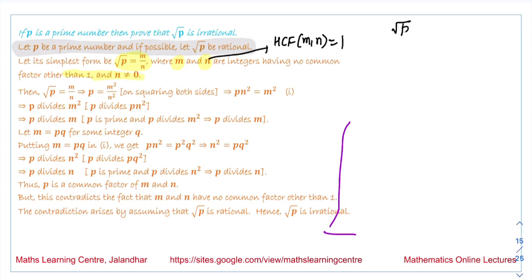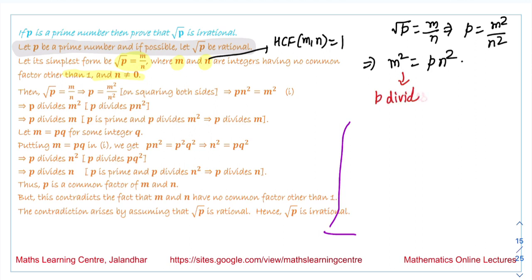Now root P we are writing equal to m by n. If we square these terms, we get P is equal to m square by n square. So this gives us m square is equal to P times n square. Now what does this thing mean? It means that P divides m square.